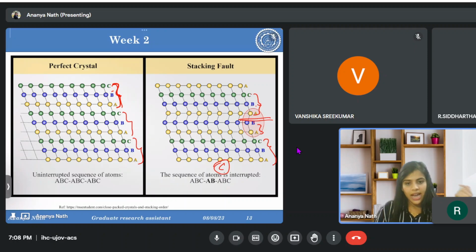For that reason, there will not be compressive or tensile stress; rather, there will be shear stress acting there. So that is why the shear modulus plays an important role in this process.